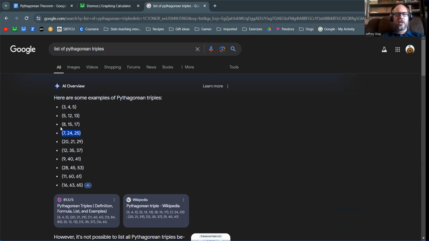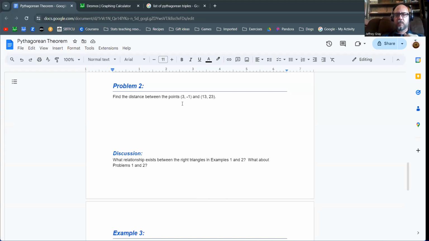Standardized tests, in my experience, don't really use any other ones, although they obviously could, right? But the first one is incredibly, incredibly common. This is somewhat common. This is occasionally useful, and I don't think I've ever seen another one. So yeah, Pythagorean triples are really helpful for standardized testing.